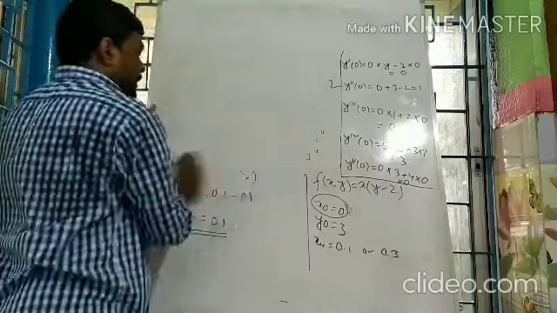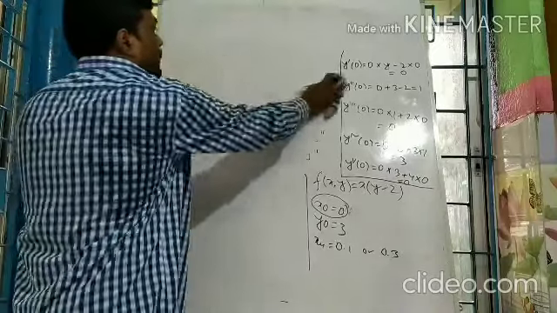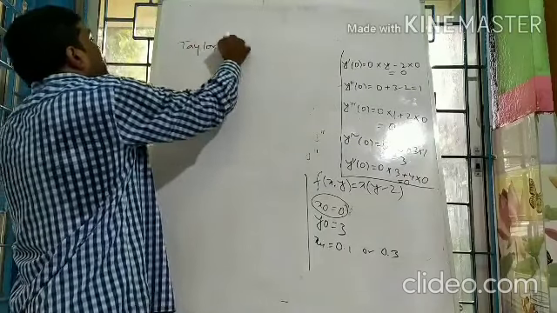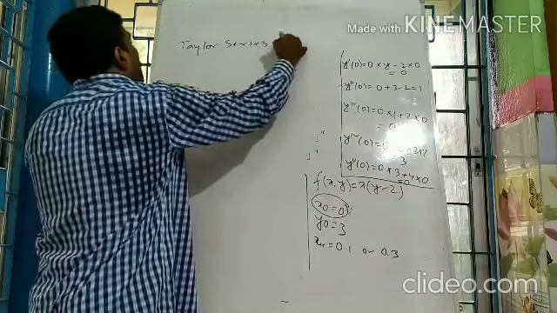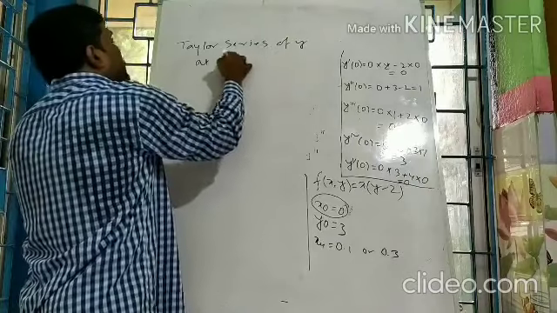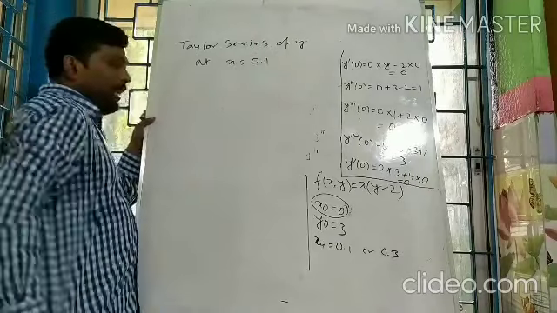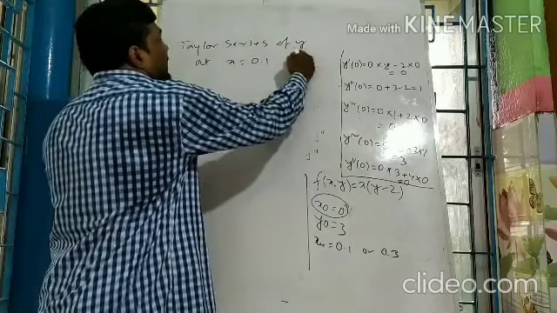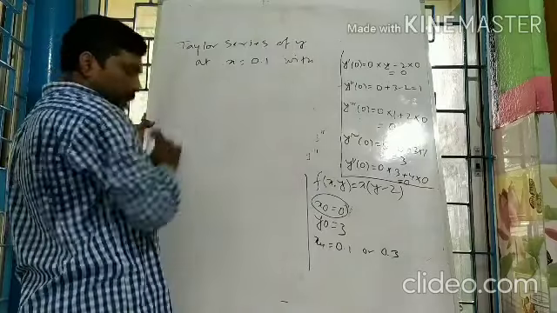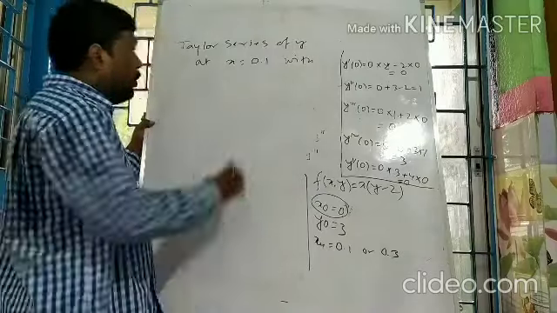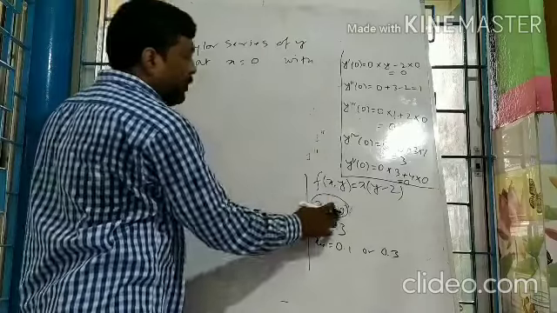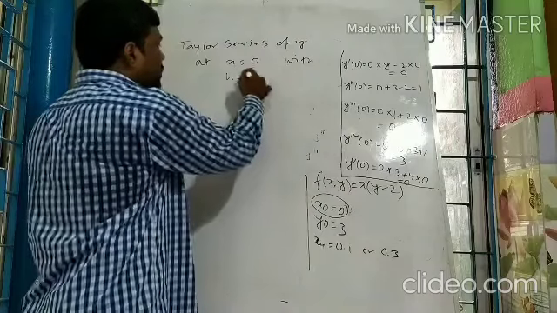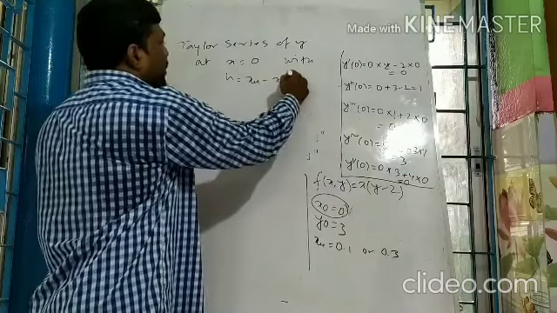Just write the Taylor series of y at x equals 0.1, at xn, at x equals 0.1, with h equals xn minus x0, that is 0.1.